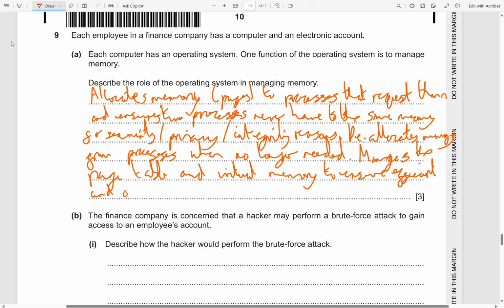Organised is maybe not the best word, but let's write that anyway. Efficient and organised access of memory, even if RAM is full. I think that should be fine.